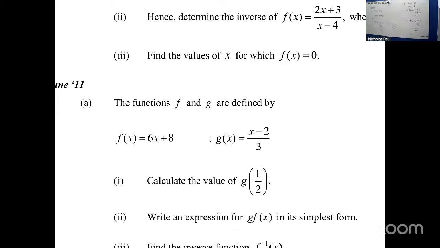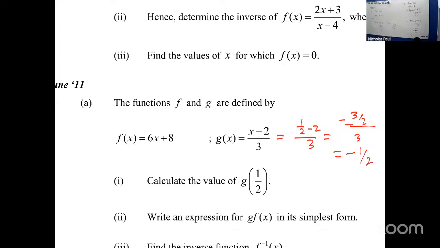So we asked for g of a half. So that'll be a half minus 2 over 3. I got minus 3 on 2, minus a half altogether. Minus 3 on 2, that 3 will cancel. Yeah, I think I get minus a half. Everybody get that?